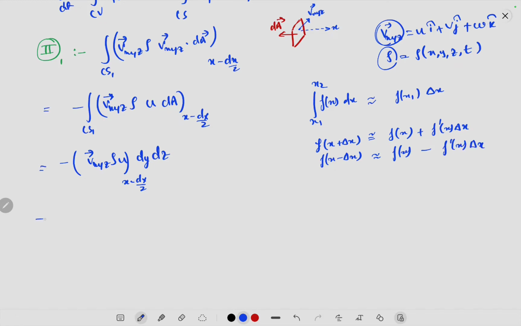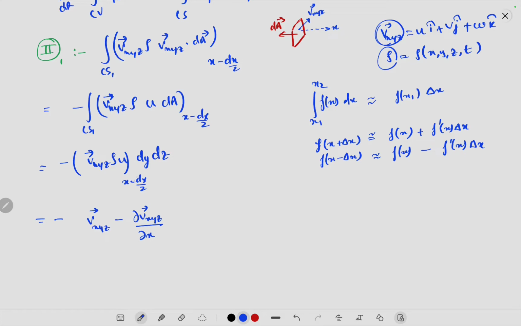So this will become v(x,y,z) at x, which was v(x,y,z) minus the derivative with respect to x, so it will be del v(x,y,z) by del x times delta x.